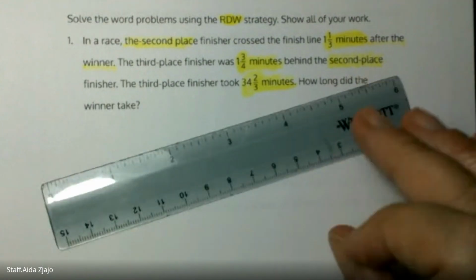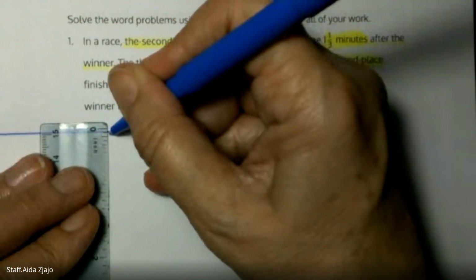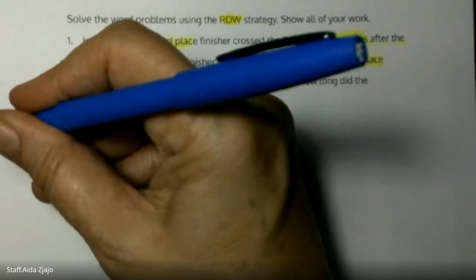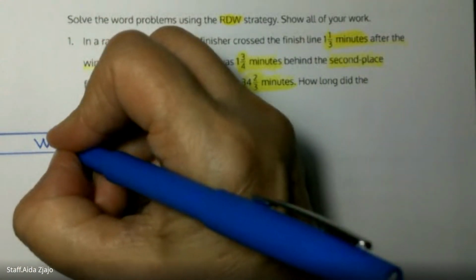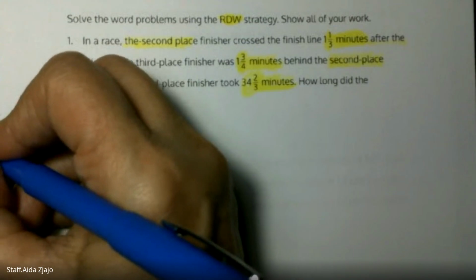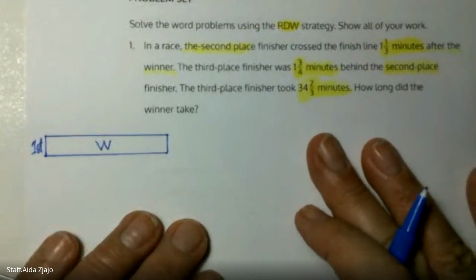So if we pretend that this is a rectangular model, and this is the winner, or first place, he needs to be the fastest of all.